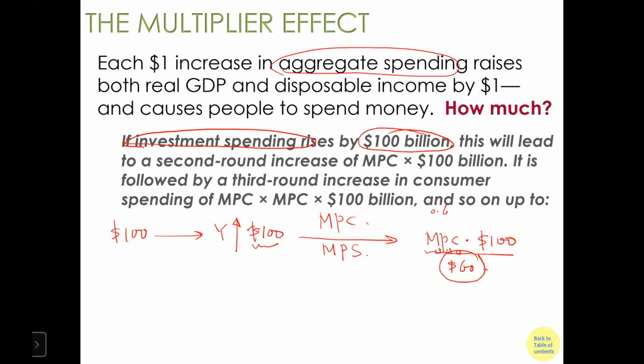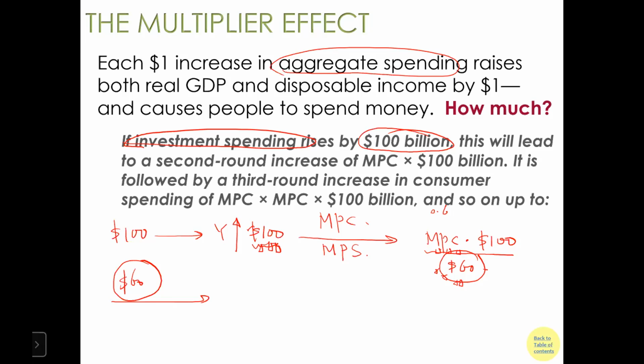Whatever you spend, this 60 billion becomes income for whoever provides goods and services to you. And those who receive these 60 billion from you, from me, from whoever received the original 100 billion of stimulus check, now have an additional 60 billion of income.